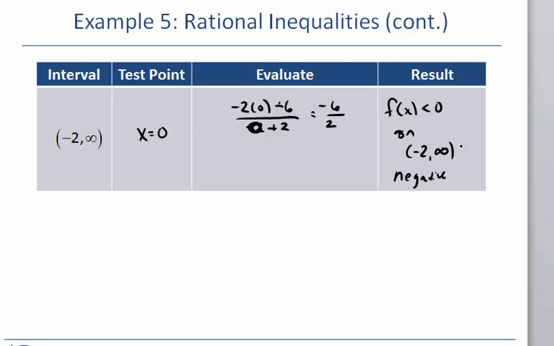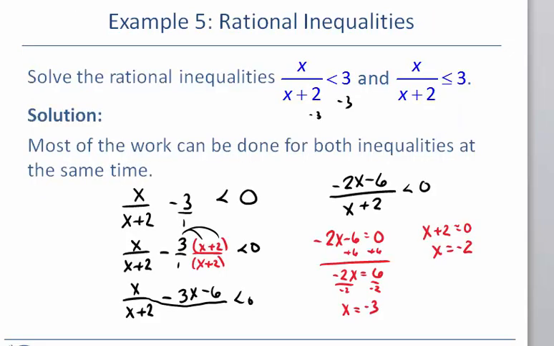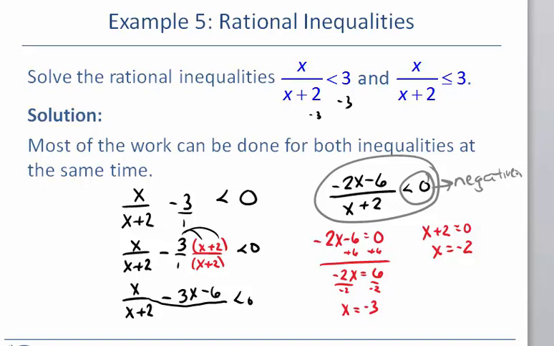Okay, so now we need to go back and look at what we are trying to find, whether it's the positives or the negatives. So here is the function that we're working with. It has a less than 0, which means that we are looking for the negatives. Remember that negative numbers are less than 0.